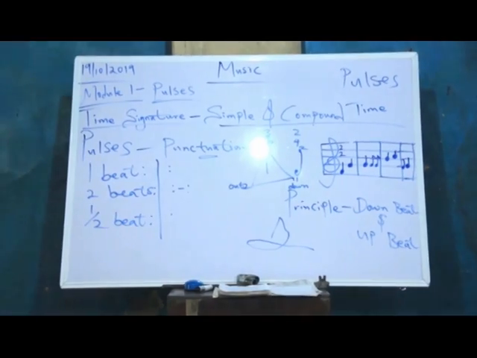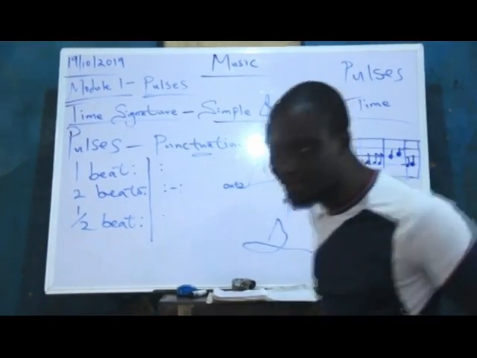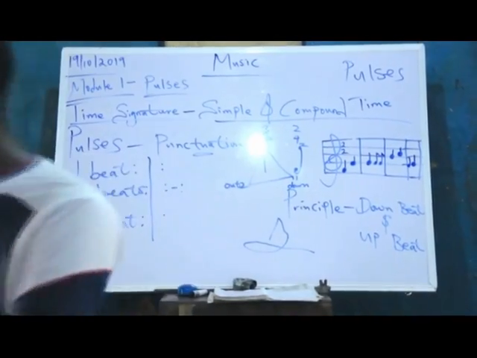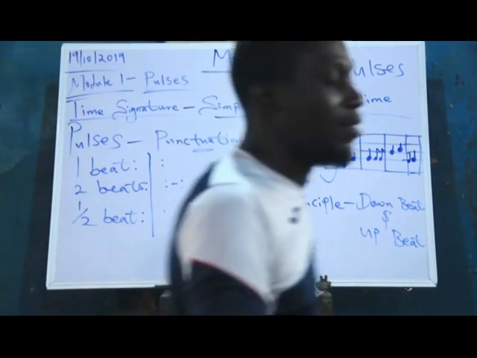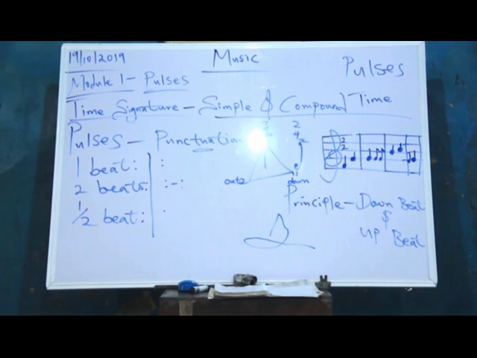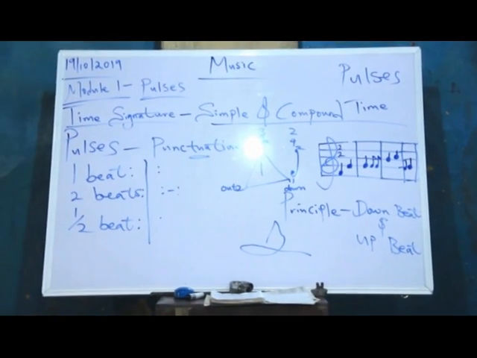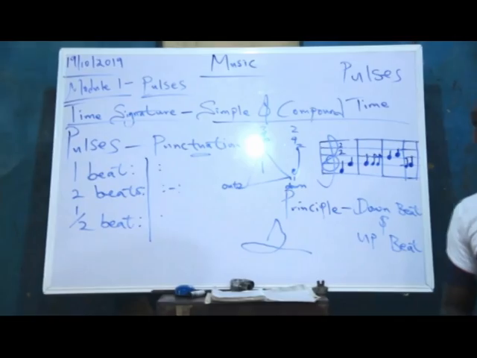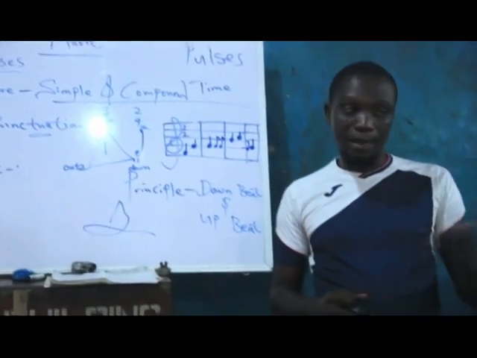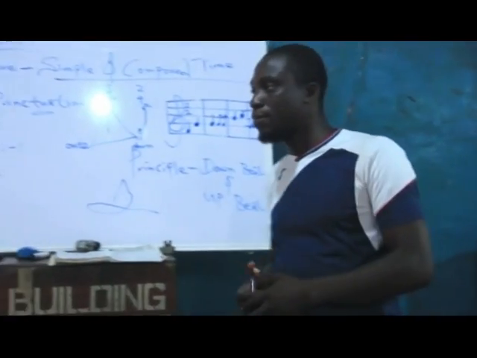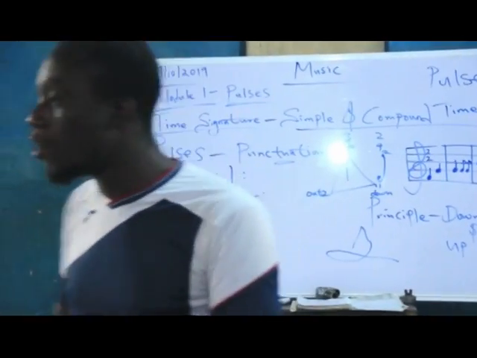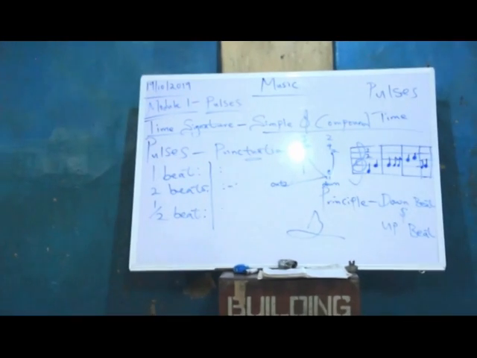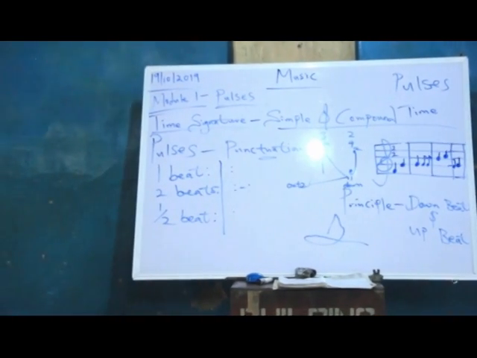Have it in mind that one beat is a complete beat, unlike quarter, 3/4, half beat, yes, that are incomplete. So half beat is not complete, 3/4 is not complete, quarter is not complete.